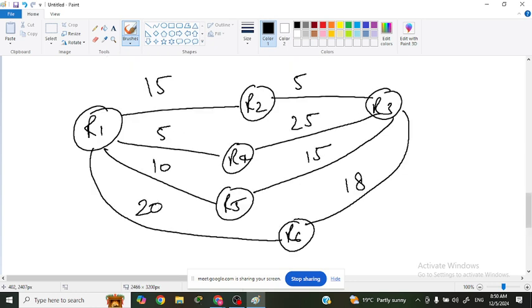Tell me, Venkat, which will be the successor? The first one, R1 to R2, R2 to R3, 20. Which will be the feasible successor? The least distance will be the successor. I'm asking about the feasible successor.